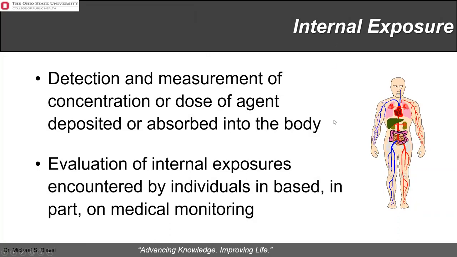And then it crosses over in which you can use models to estimate the amount of absorption and internal exposure and the risk of initiating disease, and or you can also involve medical monitoring as well. So sampling of blood and urine are examples of two tissues among others.